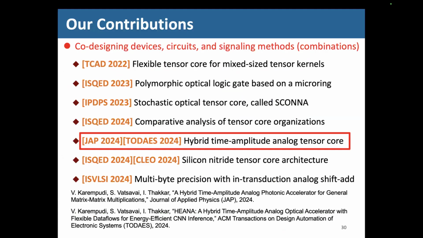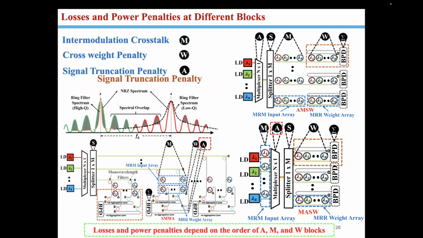Next, we looked at the stochastic signaling, and we looked at the analog signaling. But in analog signaling, it turns out one of the challenges that we don't realize just on the face of it is that the control circuit is much easier to design if the weighting banks are thermo-optic, right?